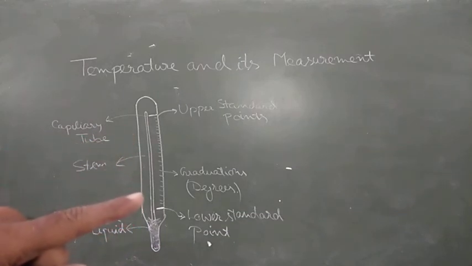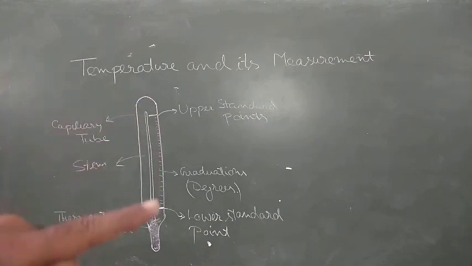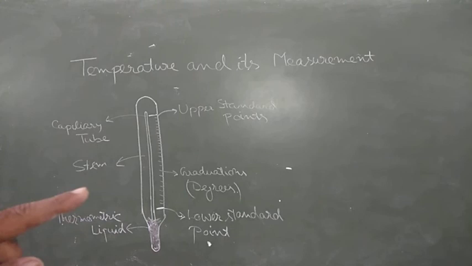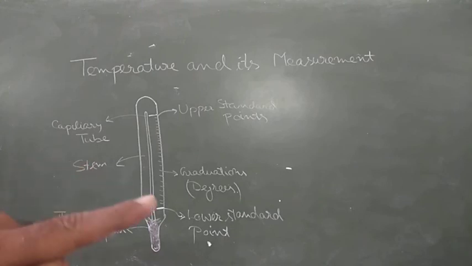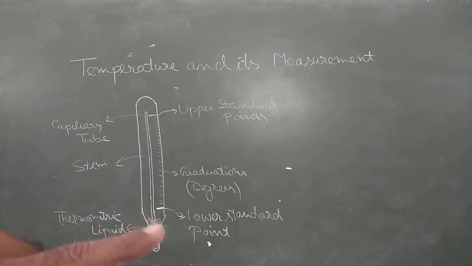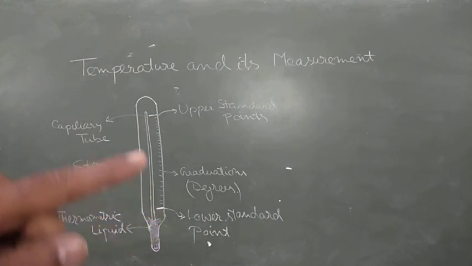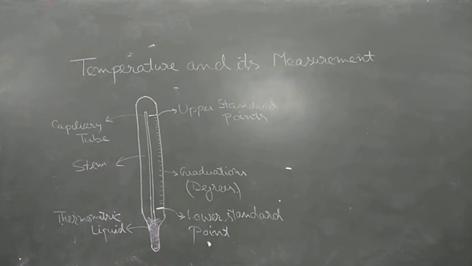This fine bore is covered with some thick glass chamber or jacket, whatever you say. This is known as your stem, not steam. And there are some marks known as graduations or degrees. There is a lower standard point and an upper standard point. So we are going to discuss what the lower and upper standard points are.